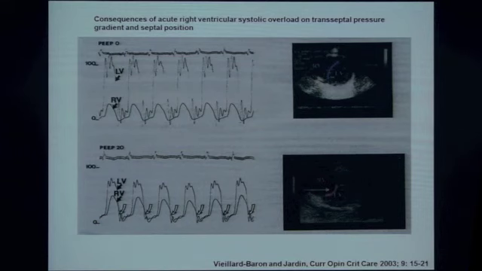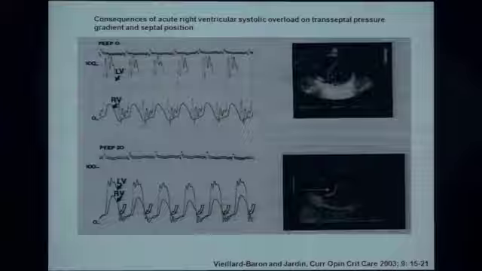And therefore, what we can see as the end result is that the septum has to shift. This is simple physiology. The pressure change towards the end of the ejection causes now here the relative tamponade of the left ventricle.